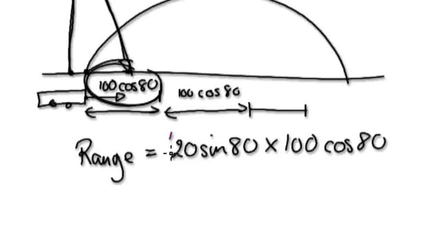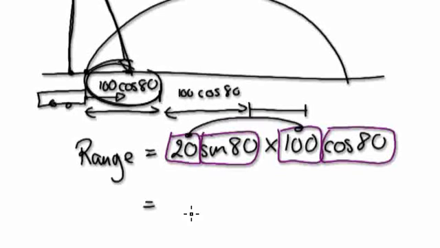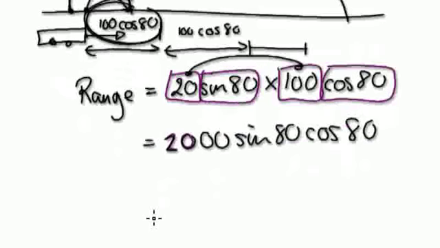At the moment it's this times this times this times this, so let's merge these together. So that's 2000 sine 80 cos 80. So that would be your range.